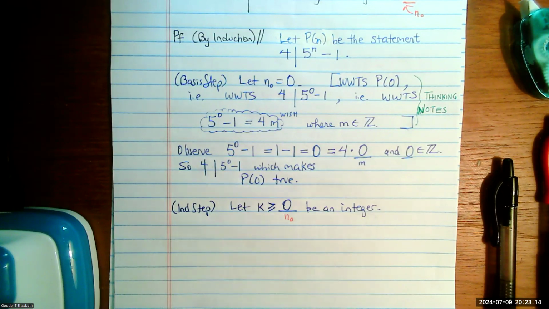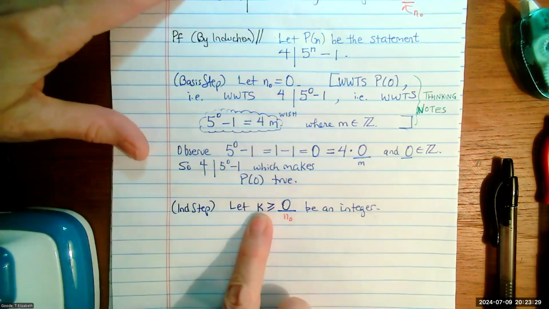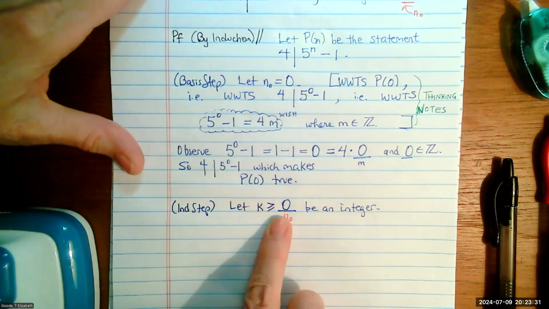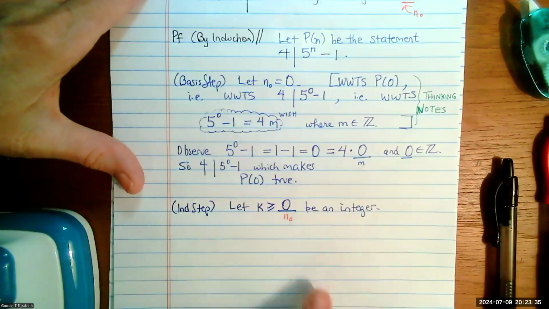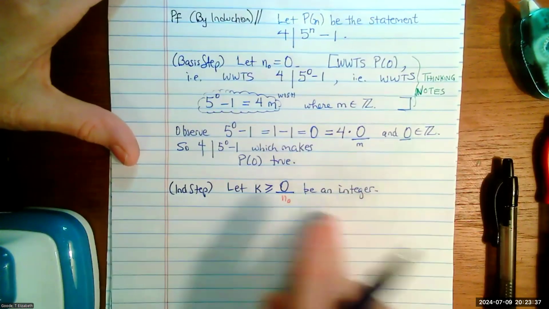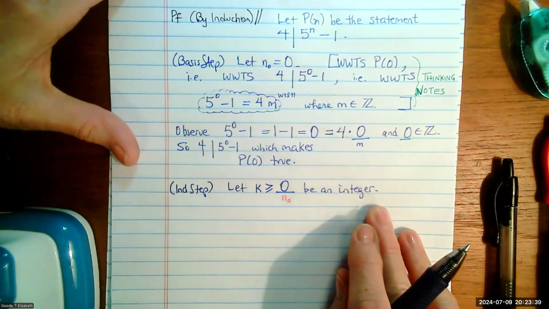So if k doesn't start down here at the lowest step where we're standing at the very beginning, then we wouldn't be able to climb up off that step. So we have to be able to climb off any step that we're at. We're calling that step k. But we want that k value to start way down at the bottom so we can climb off the first step. All right, here we go. Let k greater than or equal to 0 be an integer.